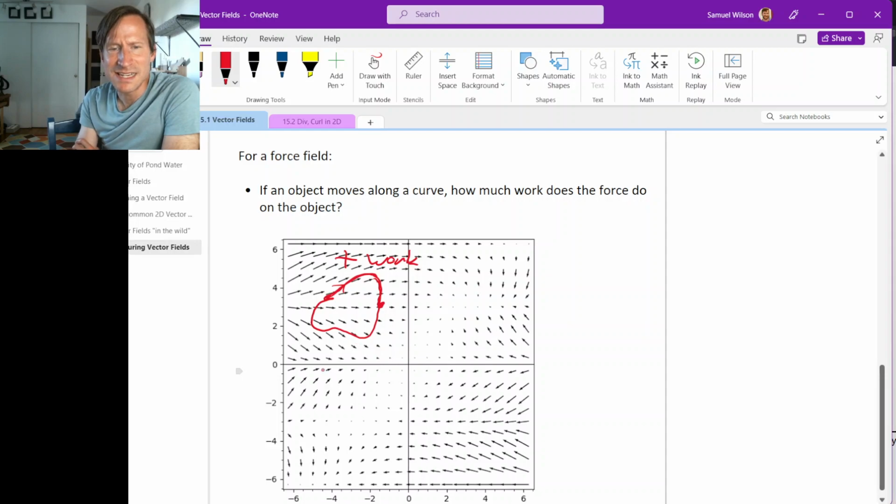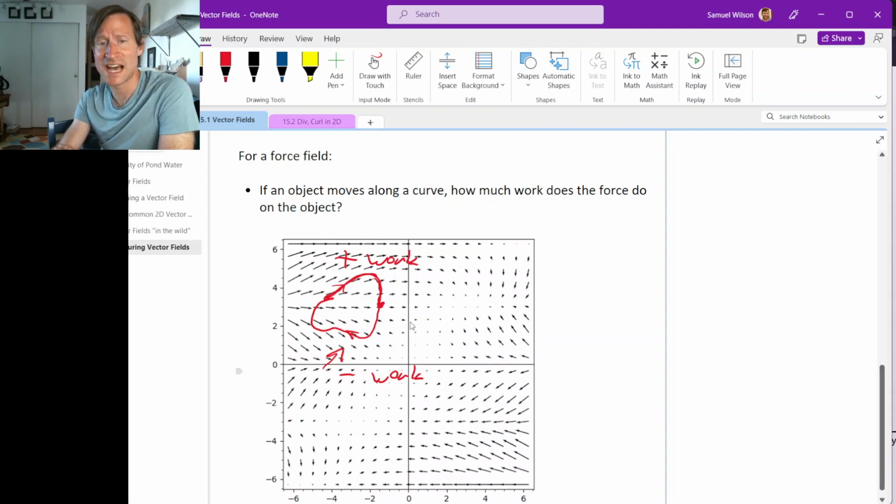But then in this portion of the trip around this loop, the force vectors are pointed against the direction of motion, and so that's negative work. So the force field is doing negative work on the object. And maybe it would be possible to calculate what the total work around a loop like this is. That might be an interesting question to ask about vector fields.